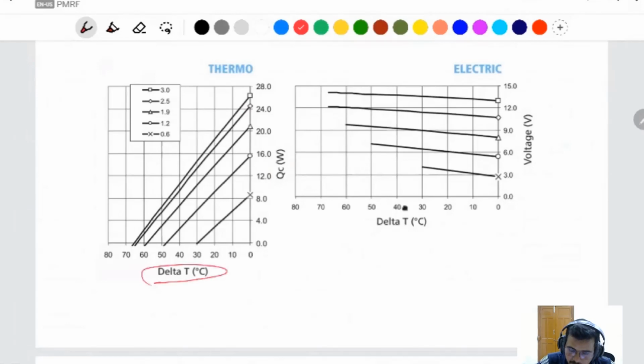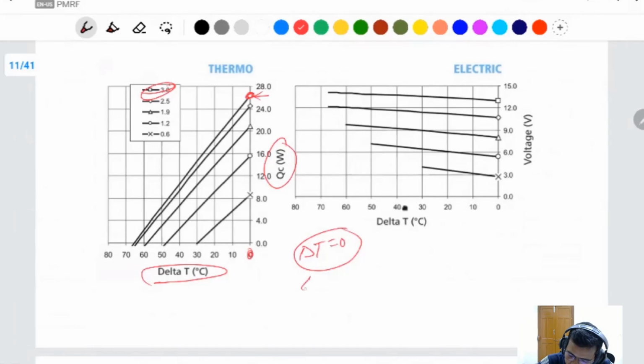This is delta T, the temperature difference between lower and higher temperature. This is the current. Suppose you fix the current, like 3 ampere. This will be the 3 ampere curve, at 0 temperature difference. Delta T is 0 and the QC value is approximately 26.5 to 27.